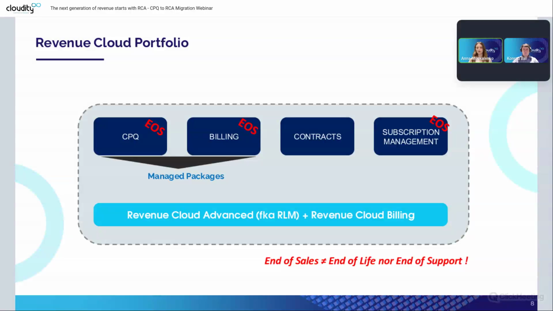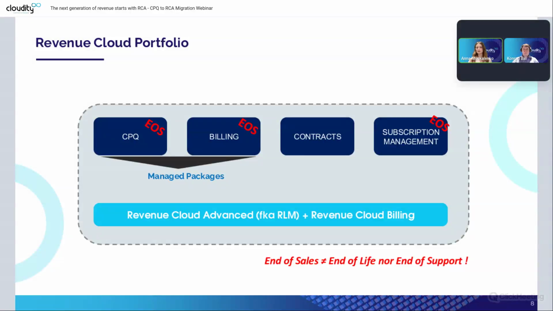CPQ and billing were managed packages. Right now, those are replaced with Revenue Cloud Advanced or RLM or ARM or whatever it will be called in the near future, plus Revenue Cloud Billing. And what's important here is CPQ, billing, basically the whole old stack is end of sales.